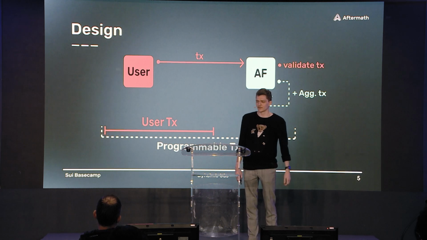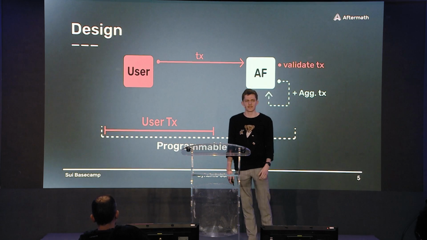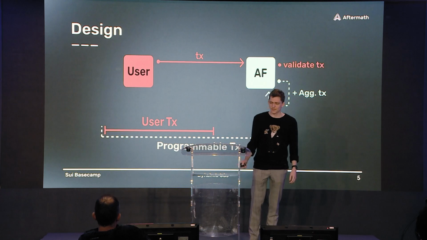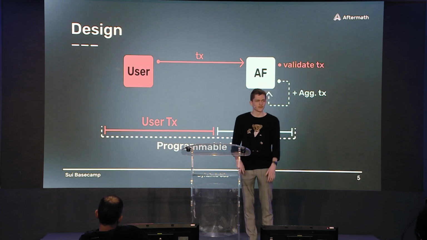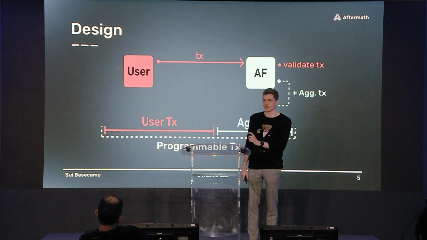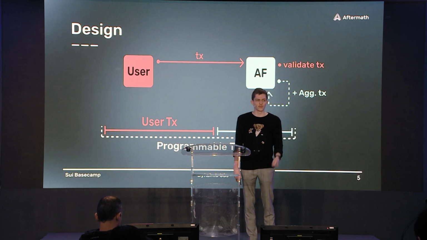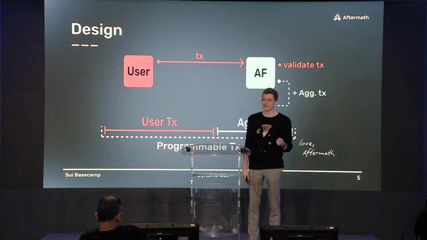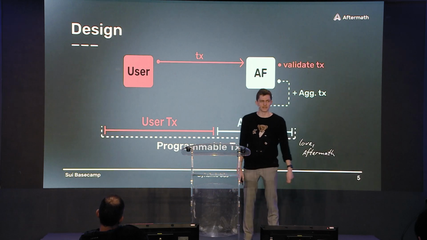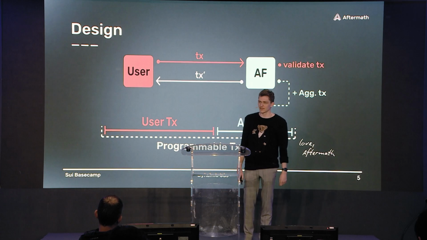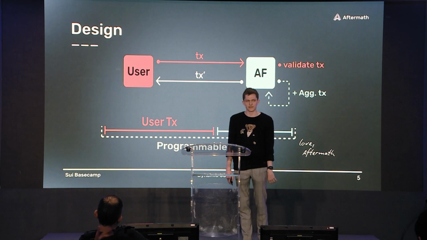Then we append this aggregator transaction onto their transaction already. Now the full user transaction looks like the user transaction, and then you have the aggregator transaction. And then this is where sponsored transactions come in. So we then sign it and we sponsor it, right? We're the ones paying the gas for it. And then we send that back to the user, and then now the user can sign it, and then they can execute it.